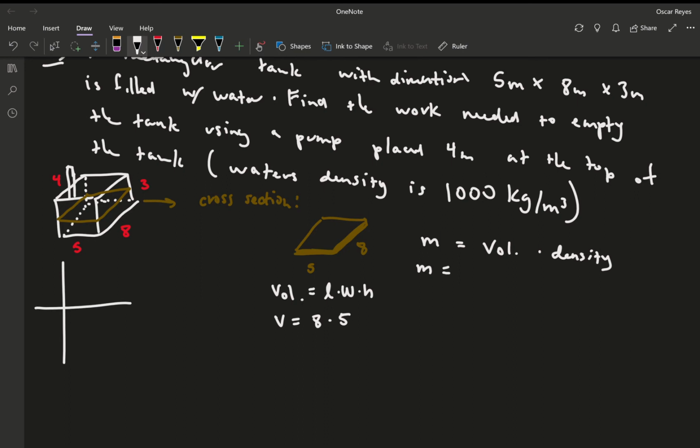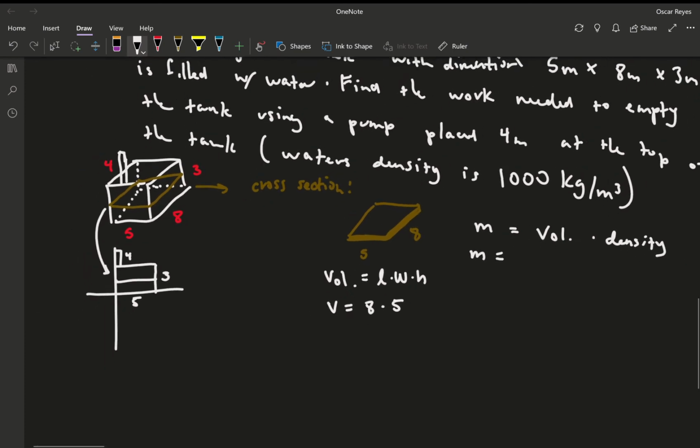And you always try to put it near the origin. So we know that this is 4 feet. We know that this is 3 feet. And we know that this is 5 feet. And that cross section is right here. Right?